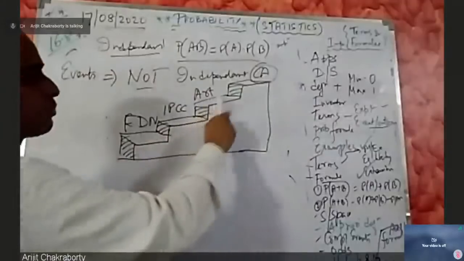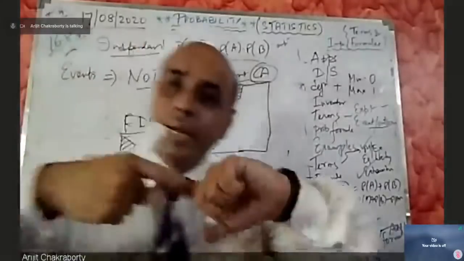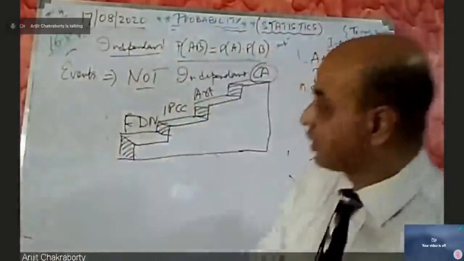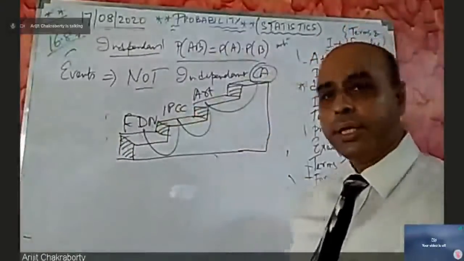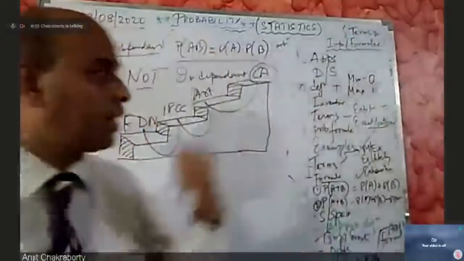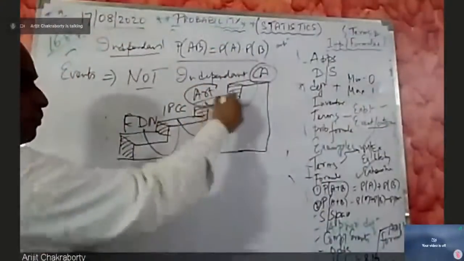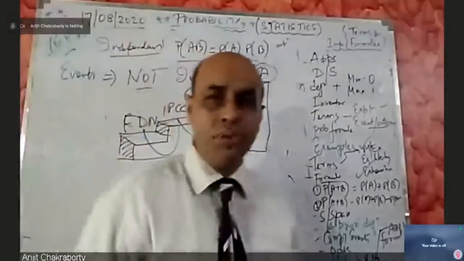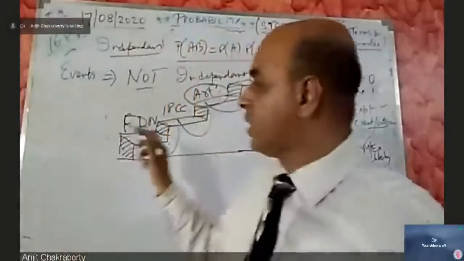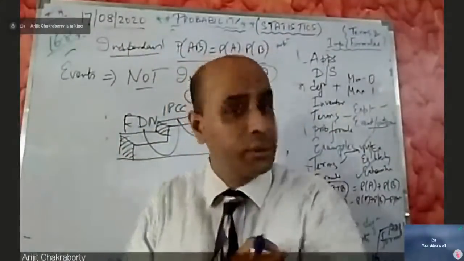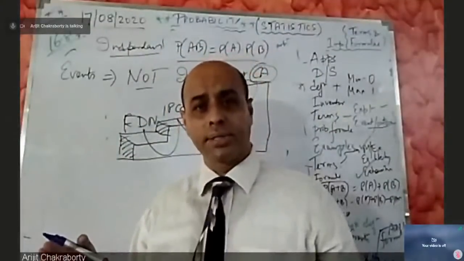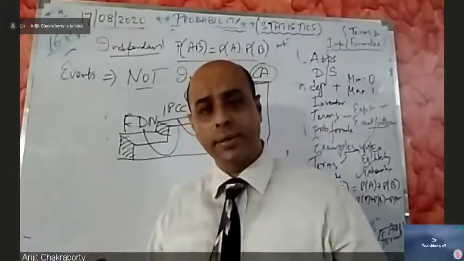Step 1, step 2, step 3, step 4, all are linked. Each event is dependent on the other event. To go for articleship means you must have completed your foundation and at least one group of IPCC, otherwise you cannot go for articleship. They are dependent on each other.